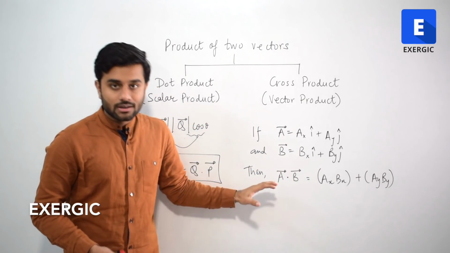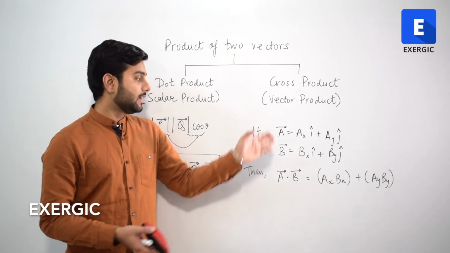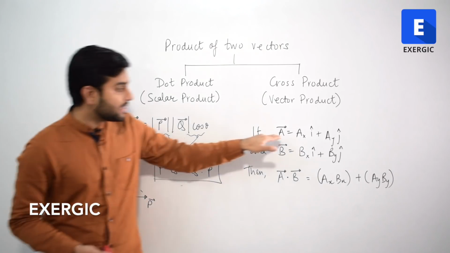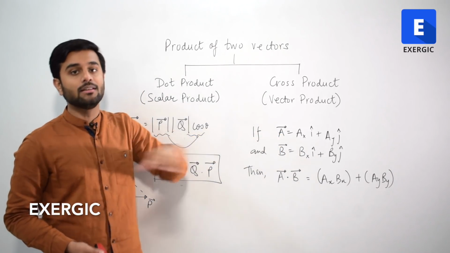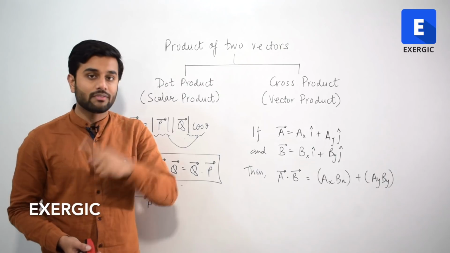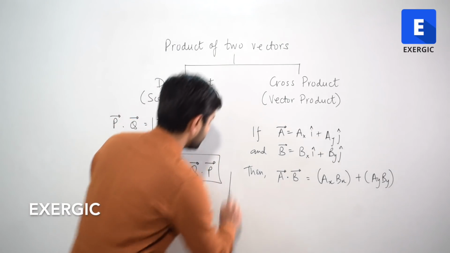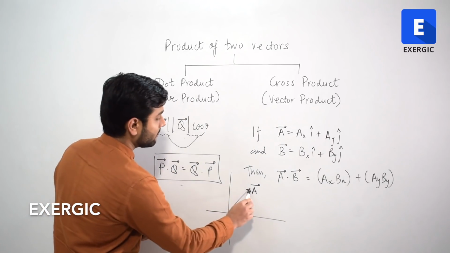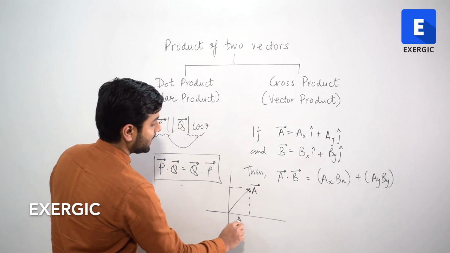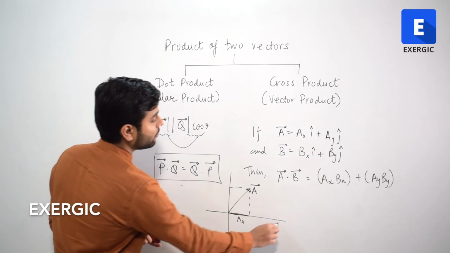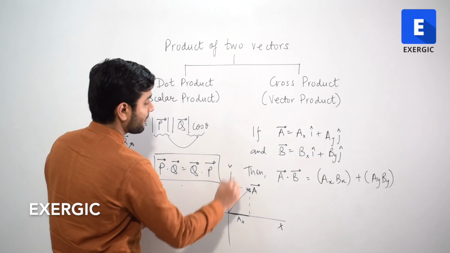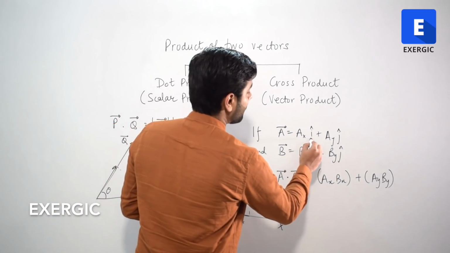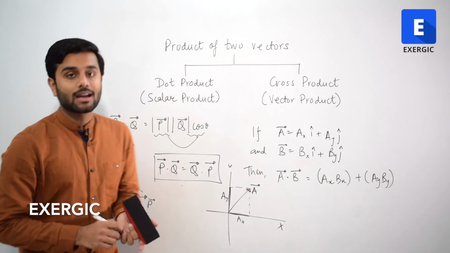This is nothing different. In this case also we have vectors a and b, just like we are having vectors p and q here. But what is the difference? Here we have written the vectors in Cartesian form. Suppose we have vector a like this, you can write it by taking its component ax, the magnitude of its component in the x direction, ay the magnitude of its component in the y direction, and i cap and j cap are multiplied, which are nothing but unit vectors.